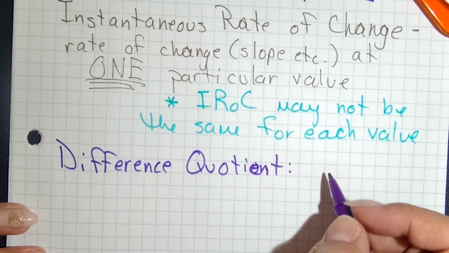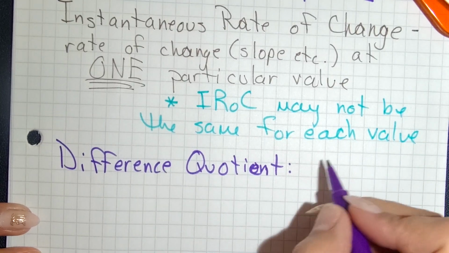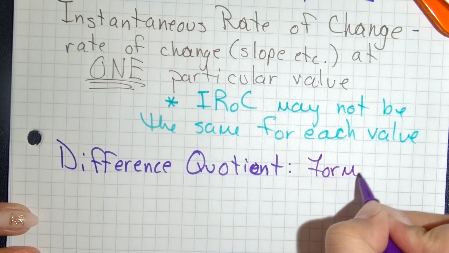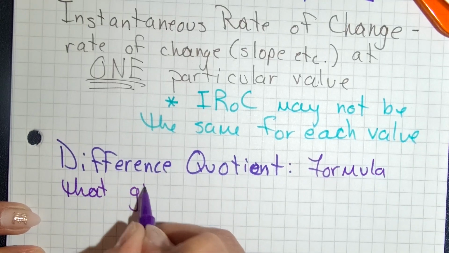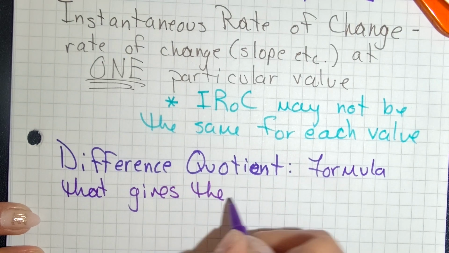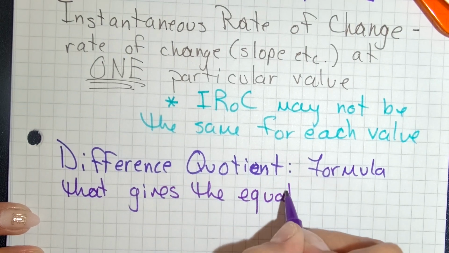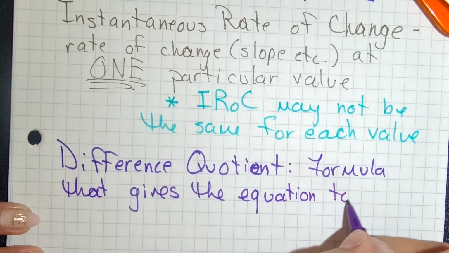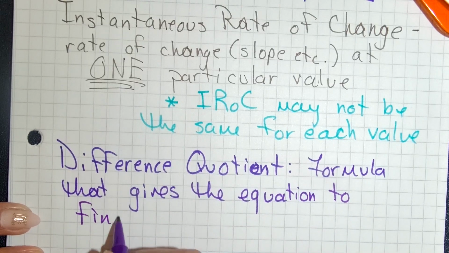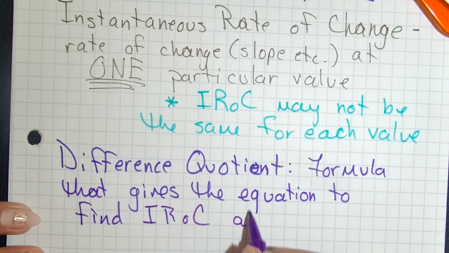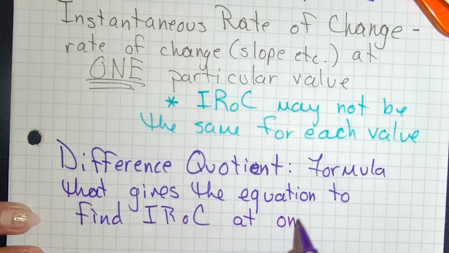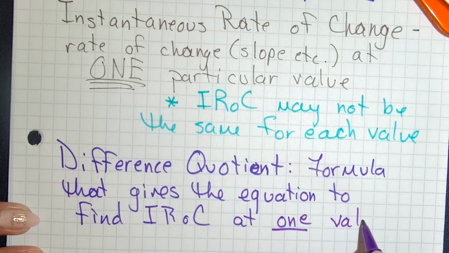The difference quotient is the formula that gives the equation to find the instantaneous rate of change at one value.